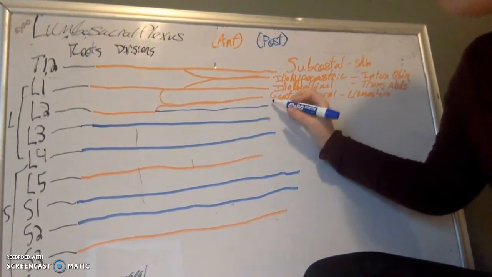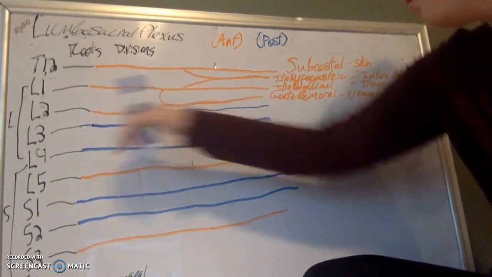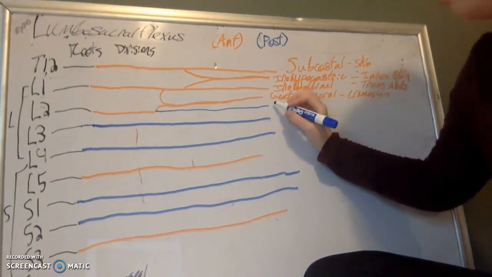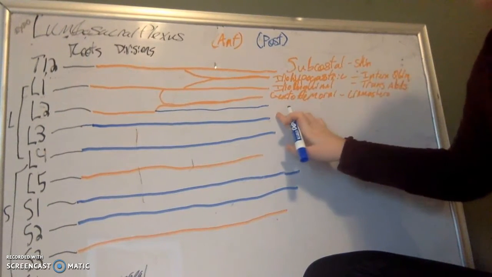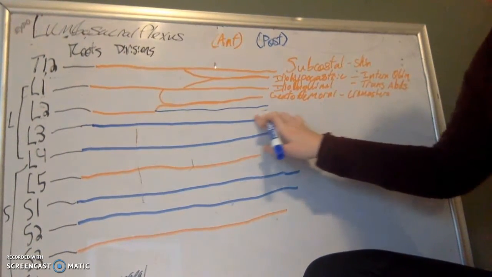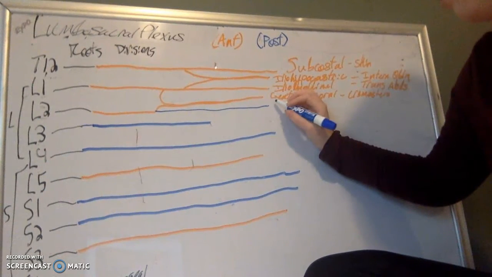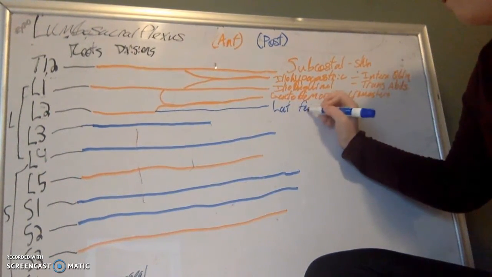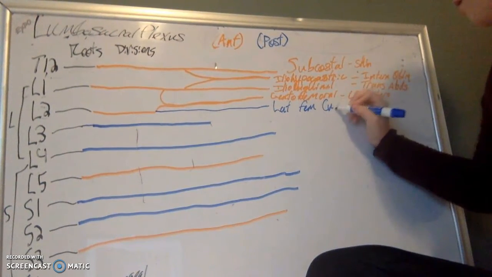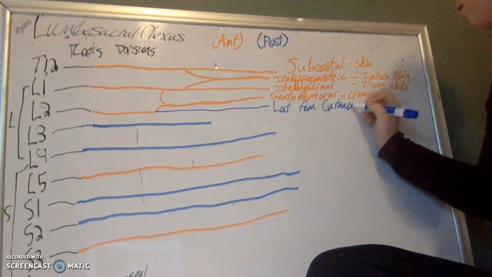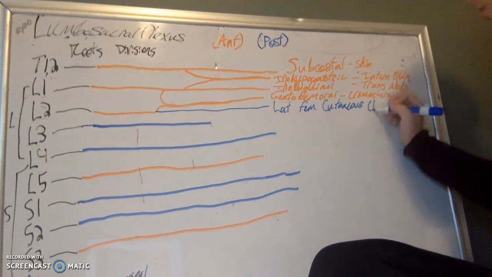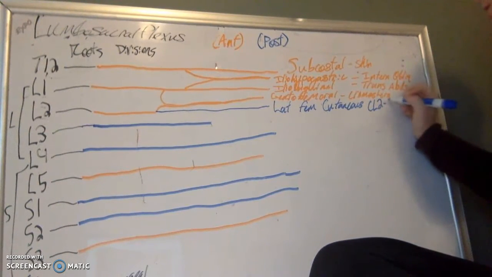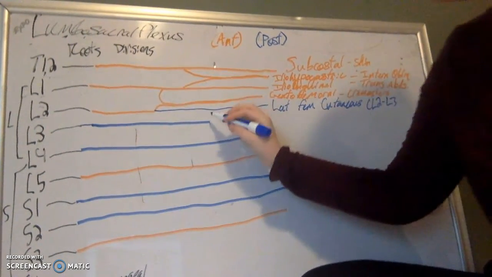And then coming off of L2, we're going to have the lateral femoral cutaneous, which will have innervations from L2 through L3.